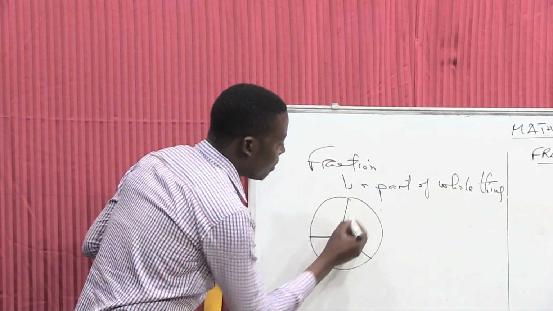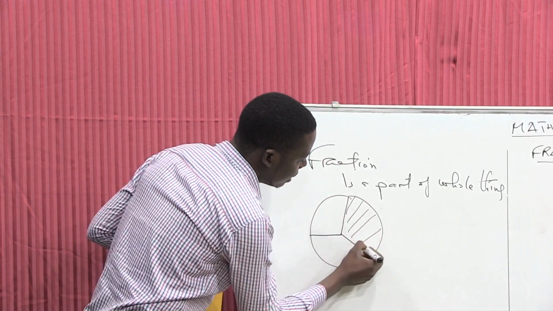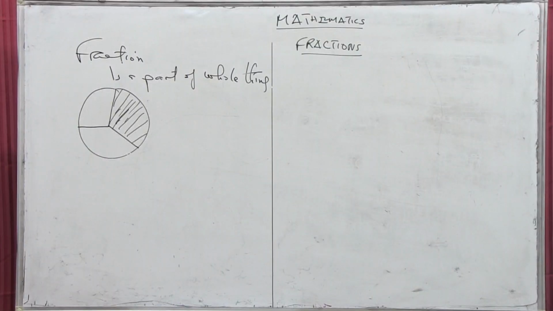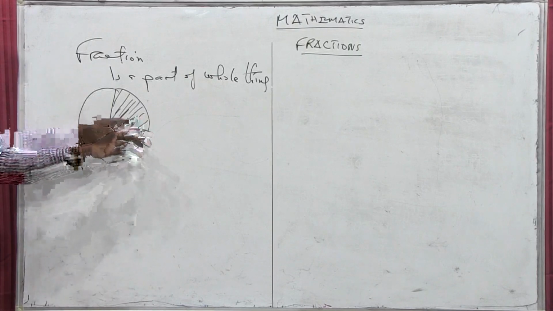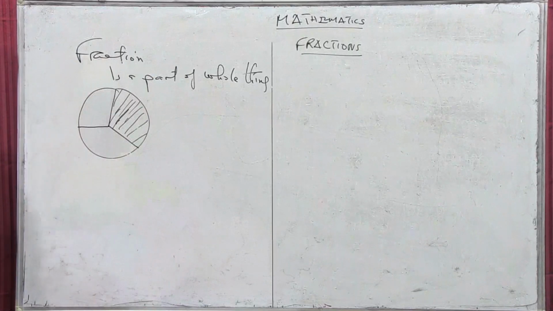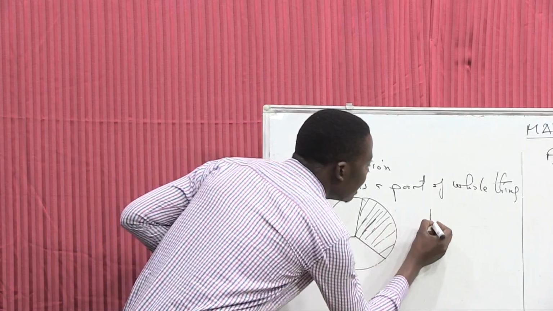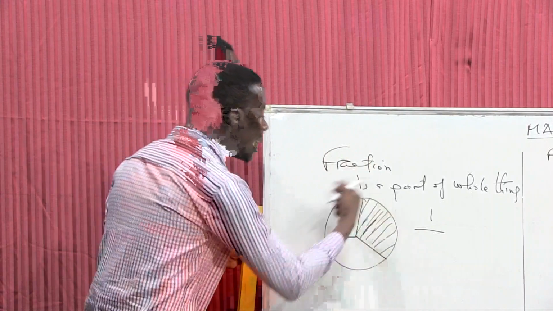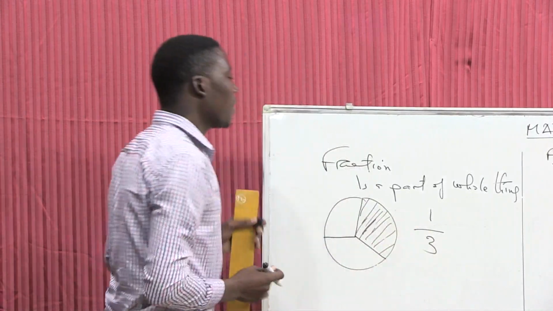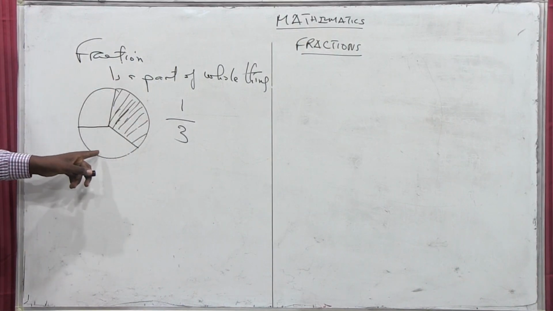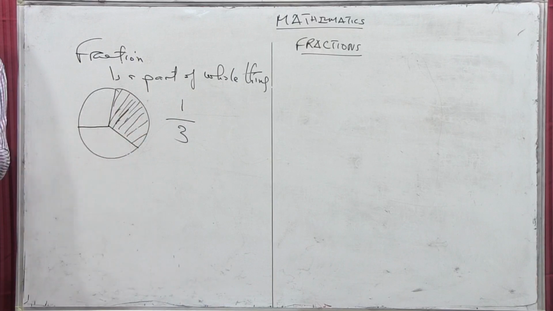If you shade or you take one of the portions, we say this which is shaded or taken out is a part of the whole thing. This is one out of the three parts taken out or shaded.